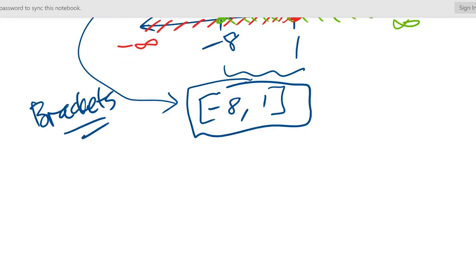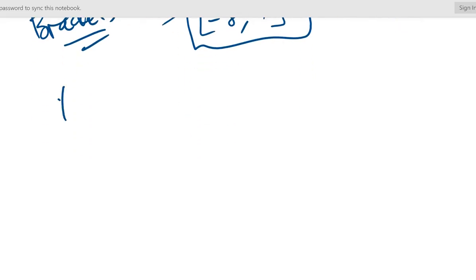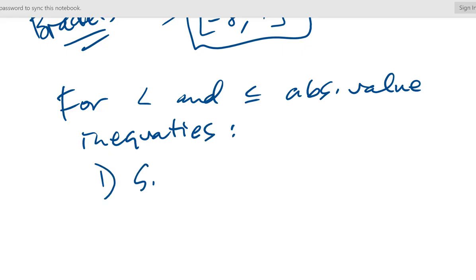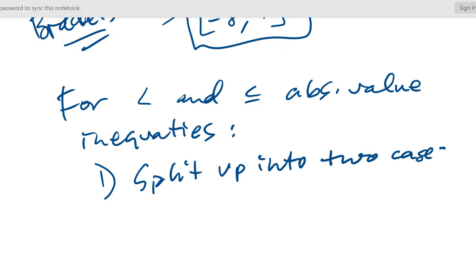Okay, so the rule is this. For less than and less than or equal to absolute value inequalities, the first thing you do is split up into two cases and solve.